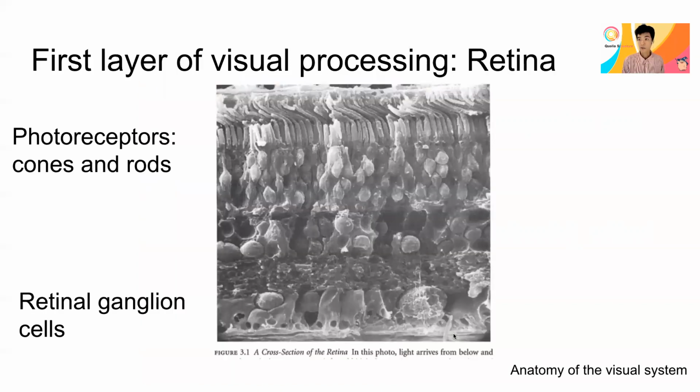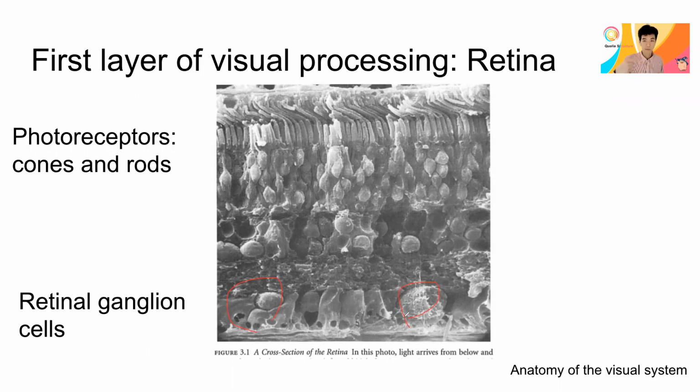And this is the electron micrograph of a slice of the retina, taken from Christoph Koch's book. And you see photoreceptors, cones, and rods in here. We'll see it in later slides, but the retinal ganglion cells are located at the bottom, around here.